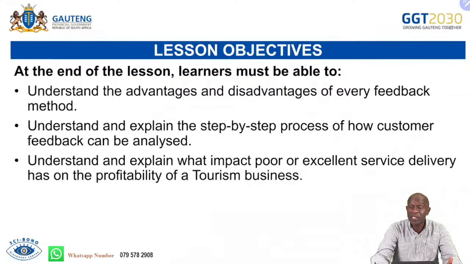As we move further with the lesson objectives, you as grade 12 learners must be able to understand the advantages as well as the disadvantages of every feedback method. You need to also understand and explain the step-by-step process of how customer feedback can be analyzed.